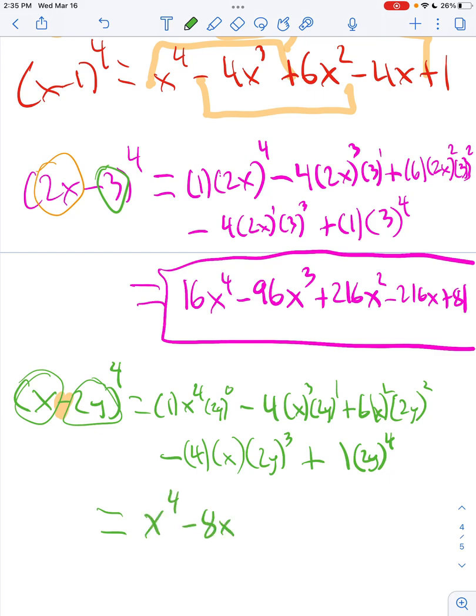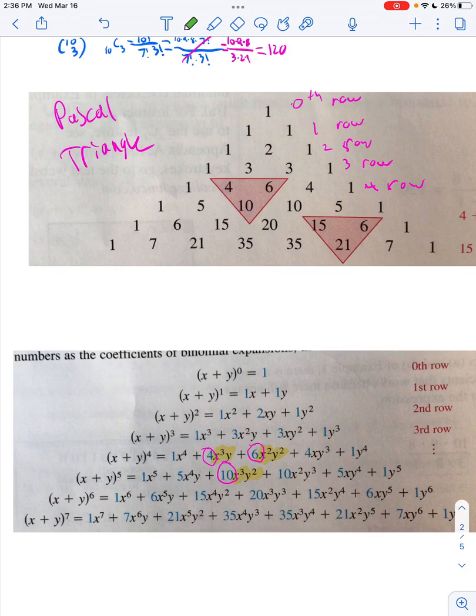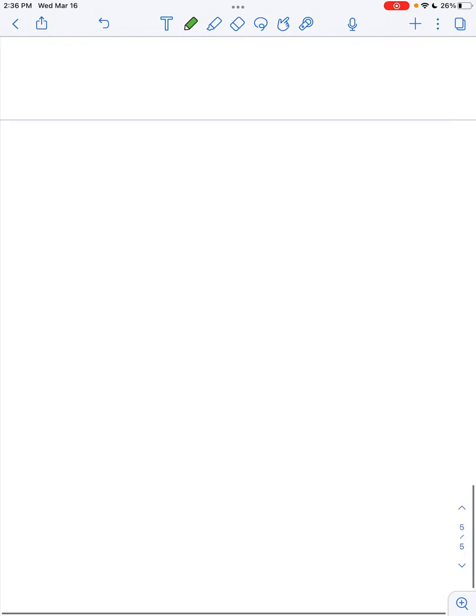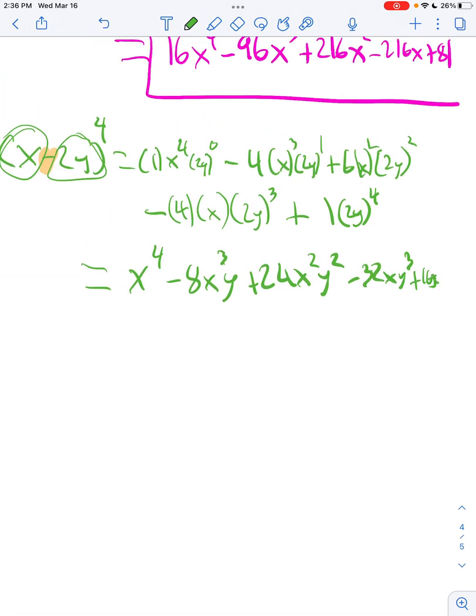So after simplifying all of this, you should get x to the fourth minus 8x to the third y plus 24x squared y squared minus 32xy to the third plus 16y to the fourth.